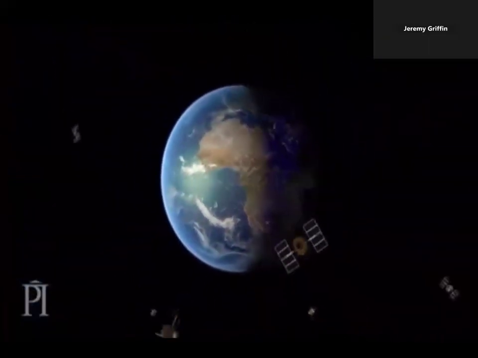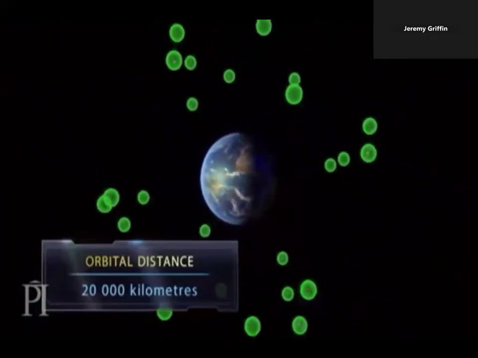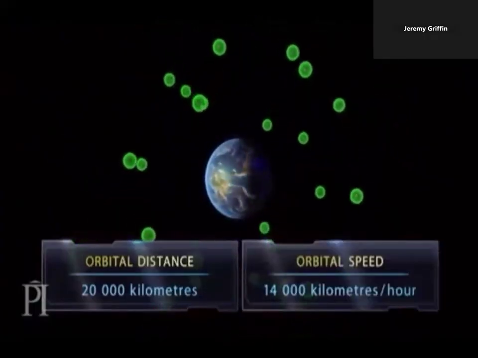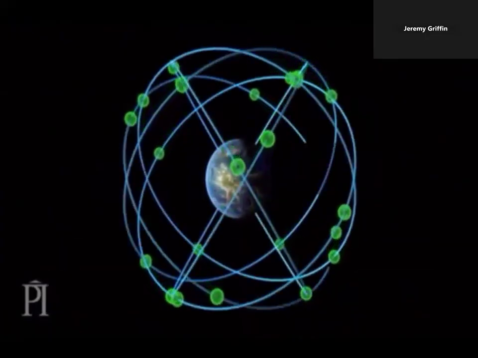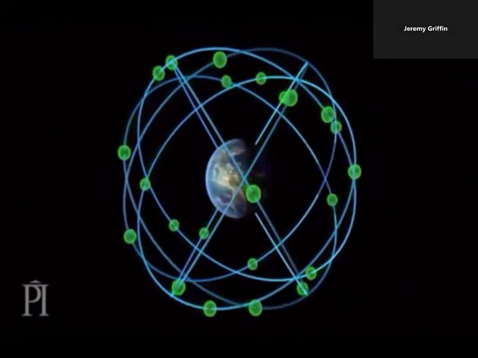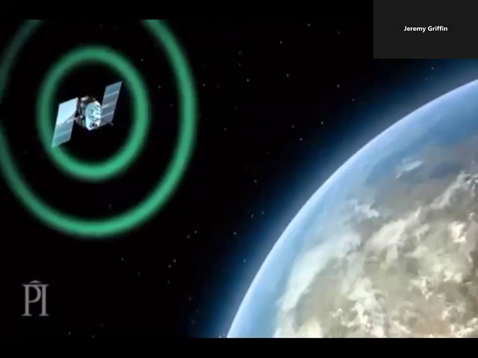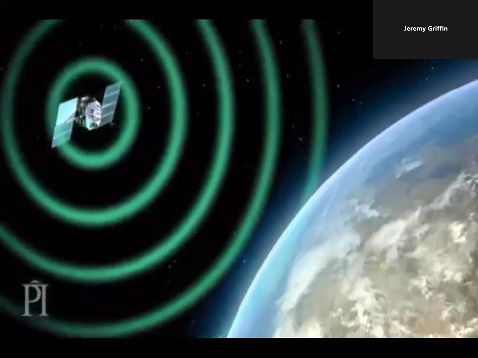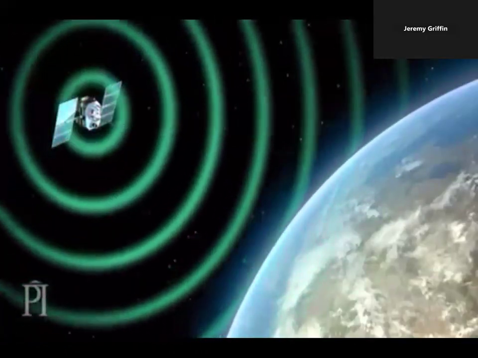Global Positioning System is a network of over 30 satellites orbiting 20,000 kilometers above us. They move at a speed of 14,000 kilometers per hour. Each satellite follows one of 6 orbits, arranged so at least 4 satellites are visible from any point on Earth. The satellites constantly transmit signals, easily picked up by anyone with a GPS receiver.